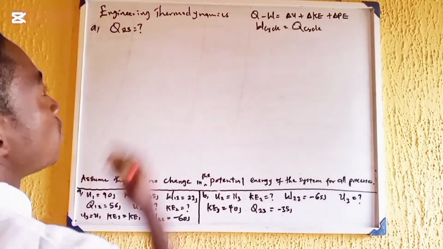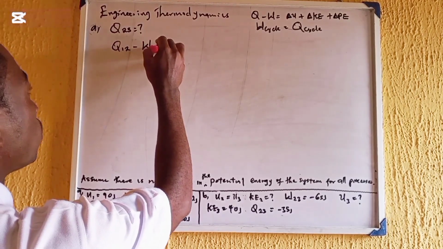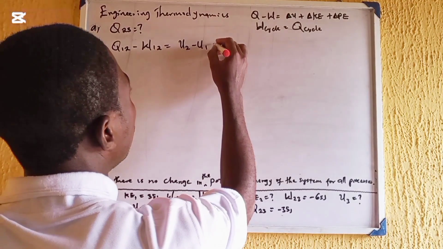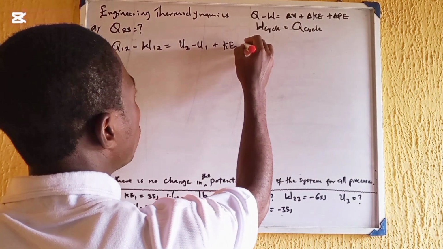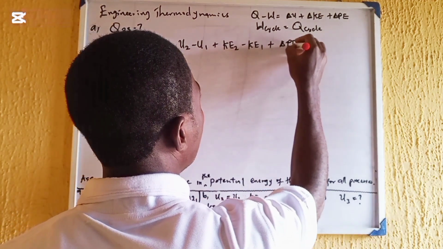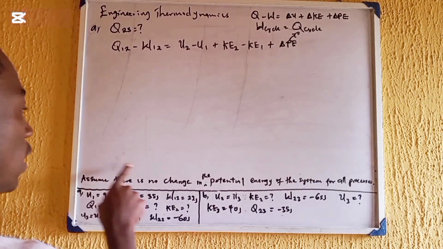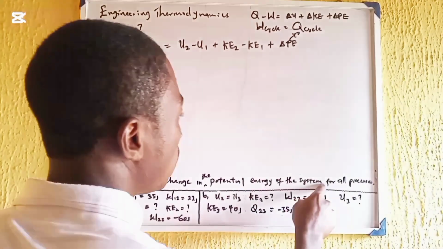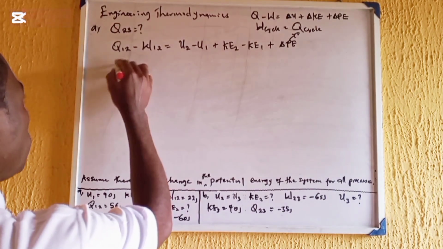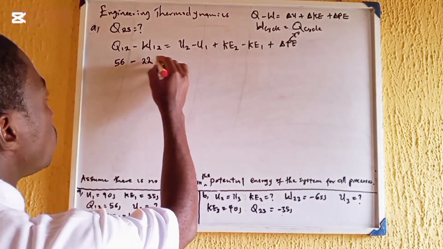So using the energy balance equation, Q12 minus W12 is equal to U2 minus U1 plus KE2 minus KE1 plus change in PE. And remember that this guy is 0 because we were told to assume that there is no change in the potential energy of the system for all processes. So we're having Q12, 56, minus W12, 22.